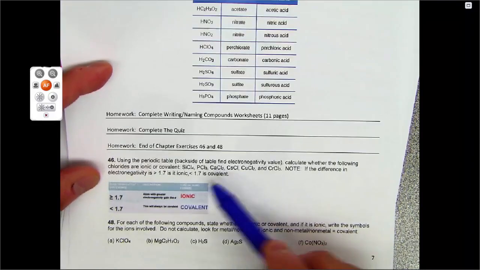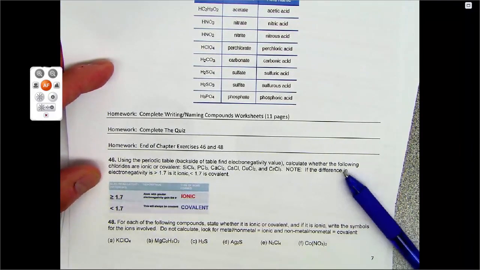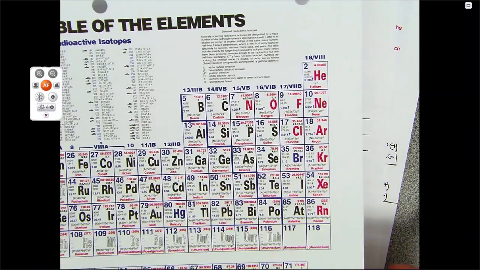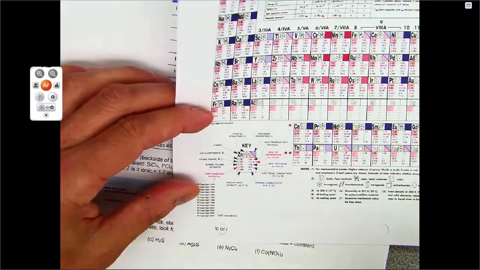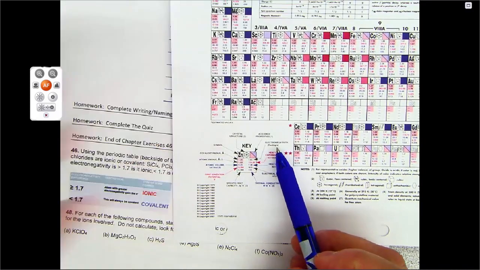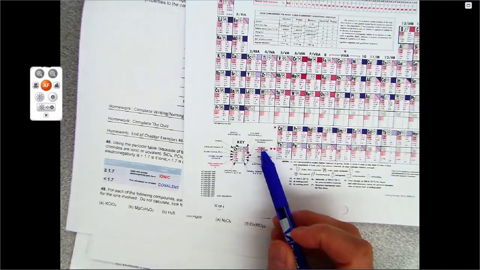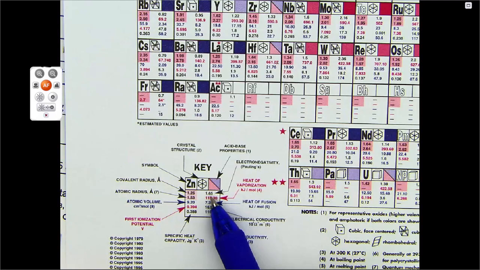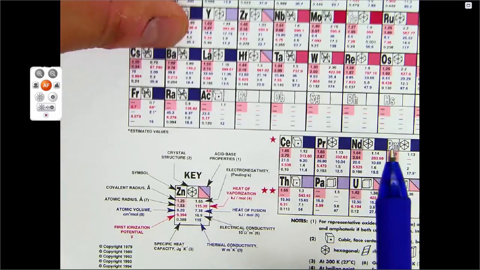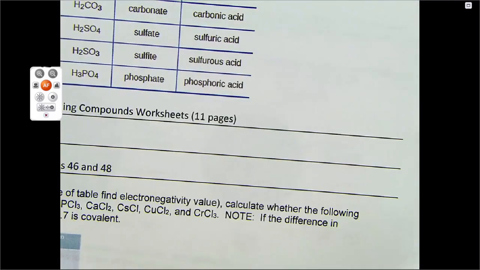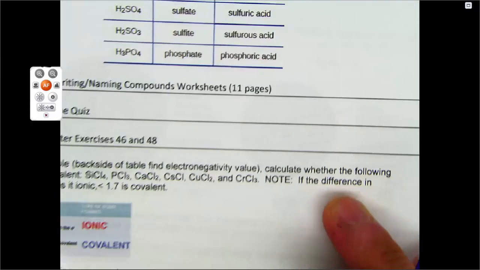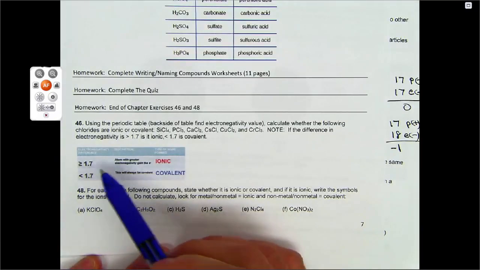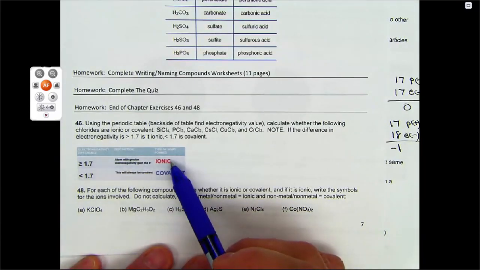These are from the book. To clarify where you're going to calculate this, on the back side of this table, there's a key always, and it's this electronegativity. So with this electronegativity number, if the difference is greater than or equal to 1.7, we know the compound is ionic.